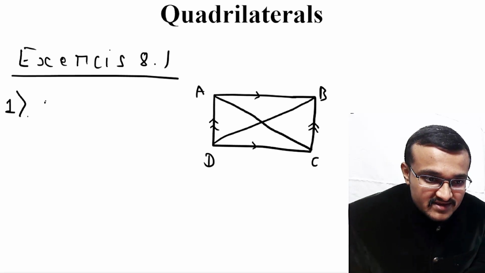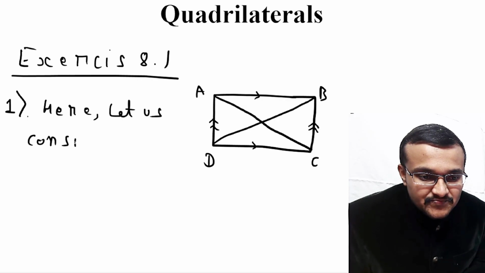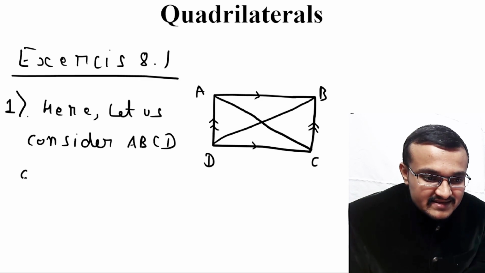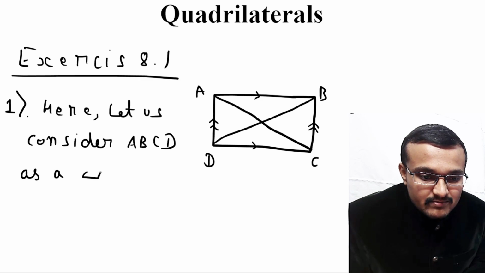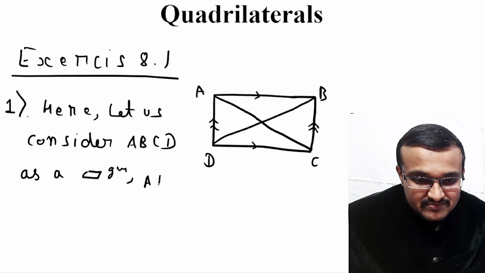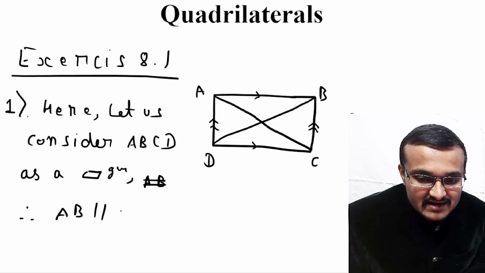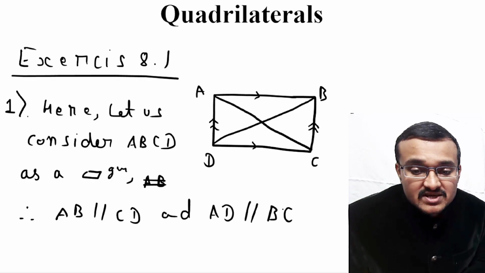So now here let us consider ABCD as a parallelogram. Since ABCD is a parallelogram, AB will be parallel to CD and AD will be parallel to BC.